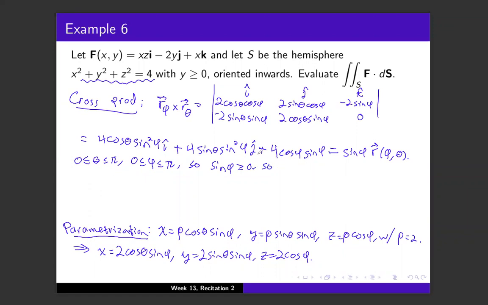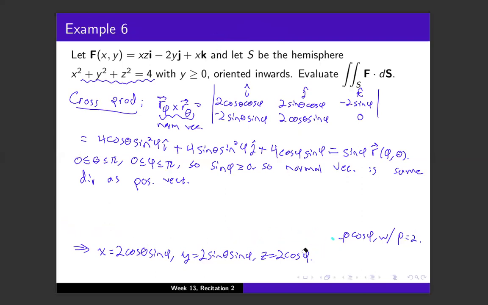So the normal vector, because remember, this cross product is in fact the normal vector, is in the same direction as the position vector. And if you imagine what that would look like, the normal vector is going in the same direction as the position vector in this hemisphere. What does that mean, though?